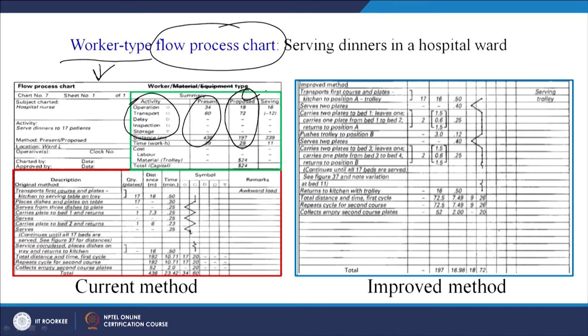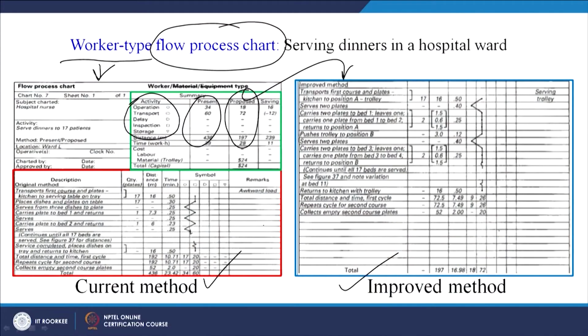In the proposed method there are only 18 operations, and transportations are 72. So, maybe the transportations are slightly more in the proposed method, but the number of operations has substantially come down. This is the improved method, this is the current method, and this is the flow process chart.